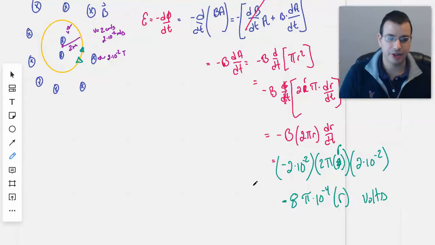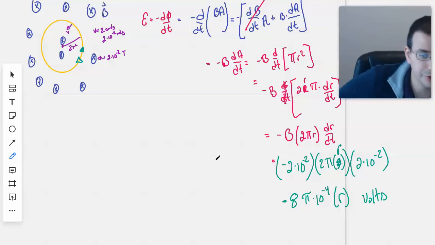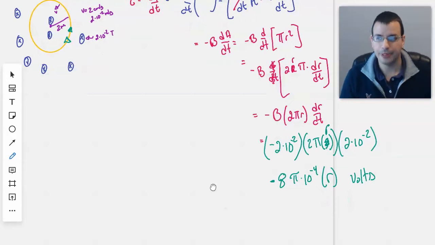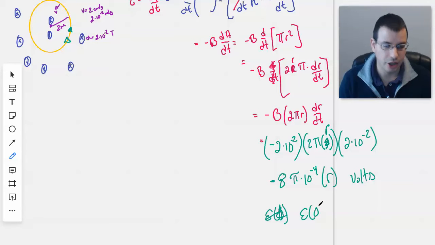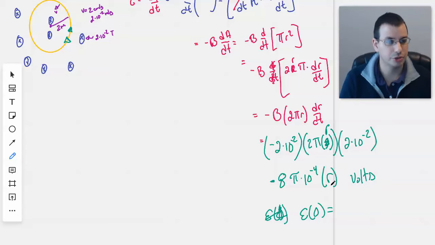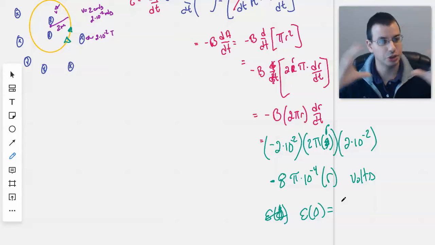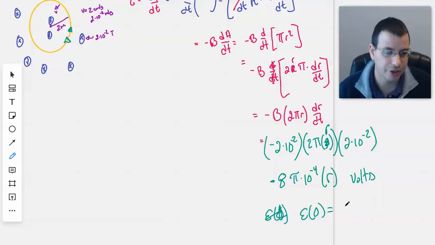So you might think, wow, that's not a lot of volts. Well, that's kind of sort of true. If we look at the voltage at time 0, the radius would be 2 because it hasn't had time to shrink down yet. So we then have negative 16 pi times 10 to the negative fourth.